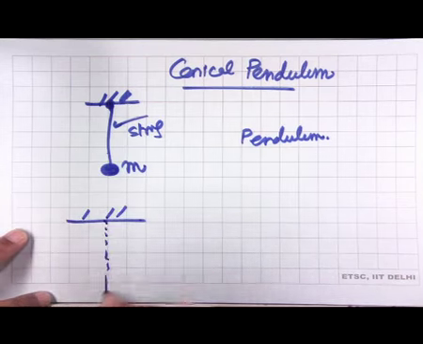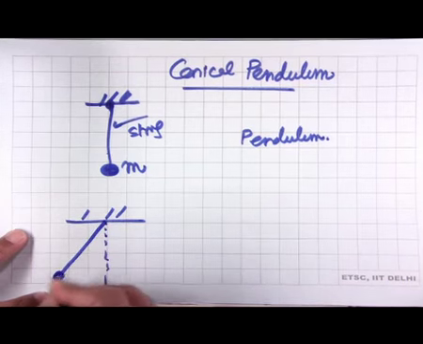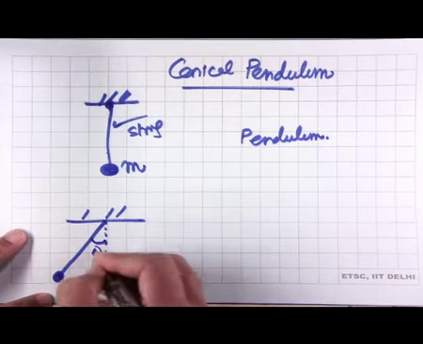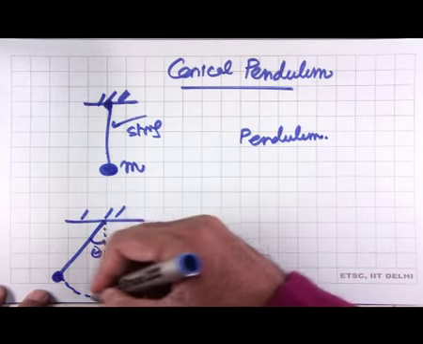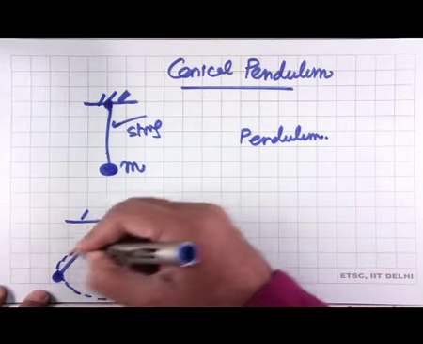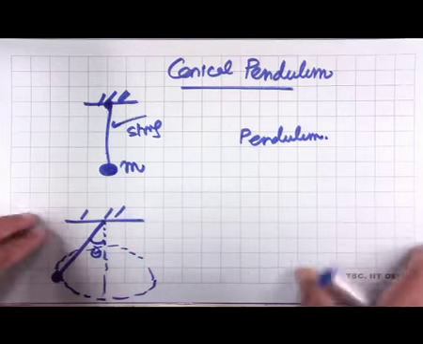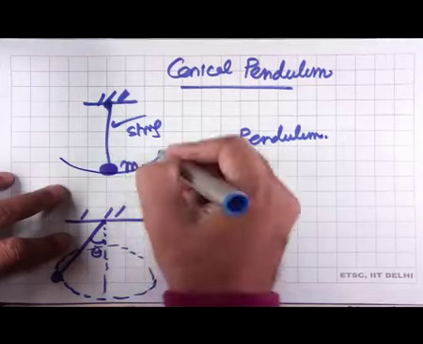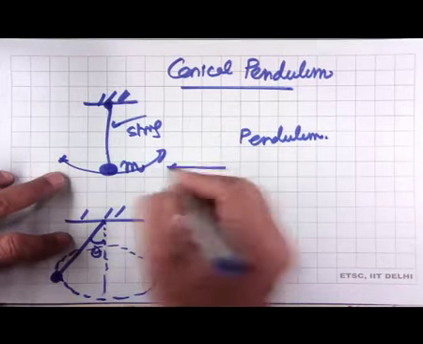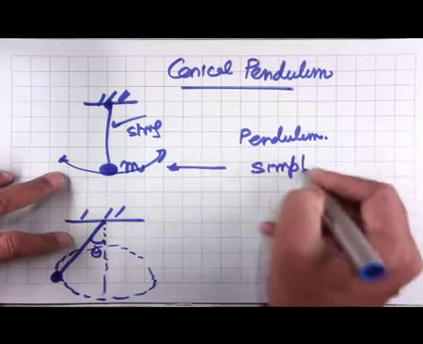This was the initial position of the pendulum. Let us take it at an angle theta, and then we let this pendulum move in a circular path. If this pendulum moves in its own plane, this is what we call a simple pendulum.